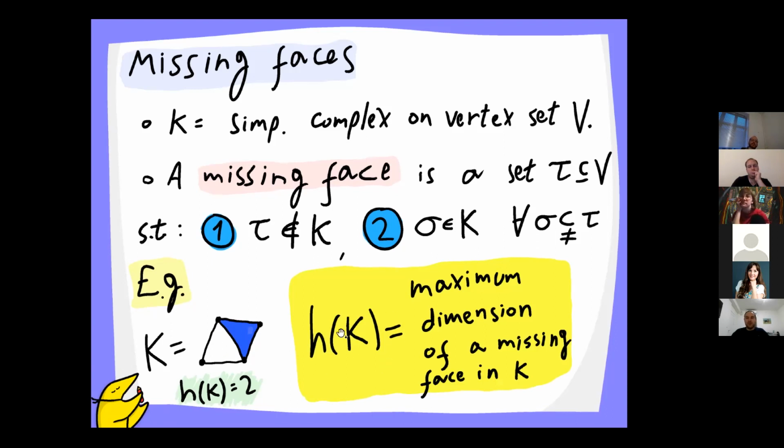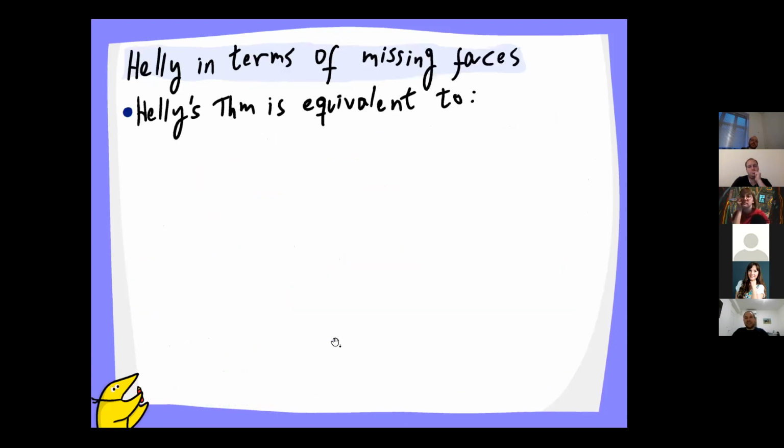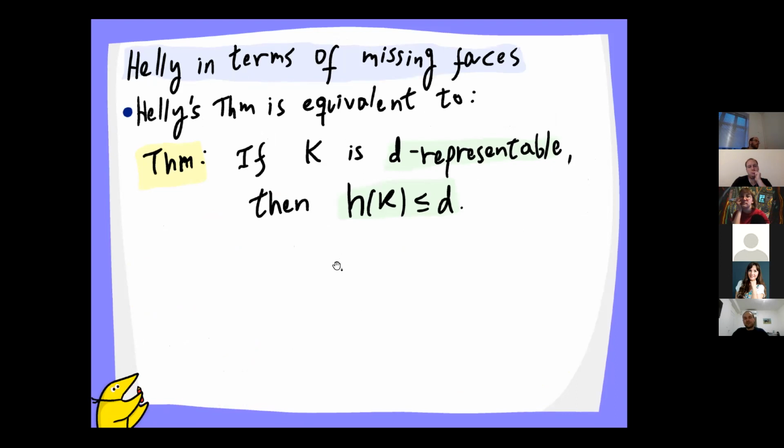Now in terms of missing faces, Helly's theorem says the following. If K is d-representable, if it's the nerve of a family of convex sets in Rd, then h of K is at most d. The missing faces of this complex are of dimension at most d.